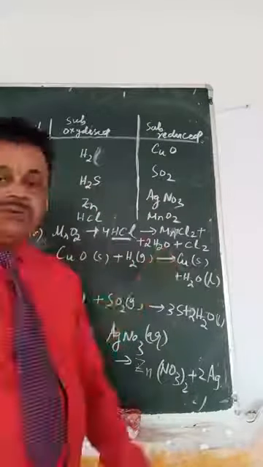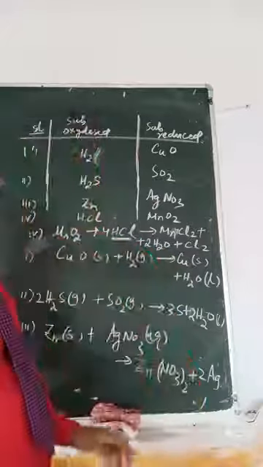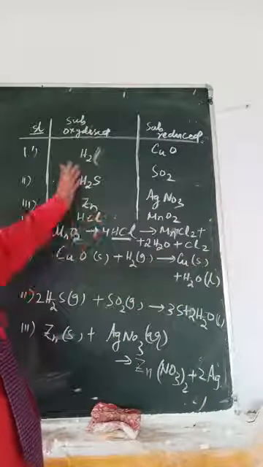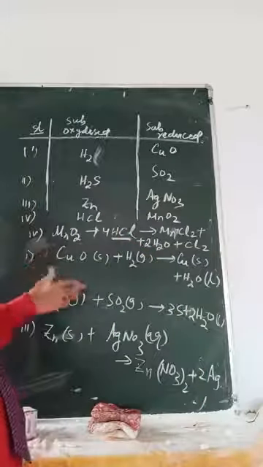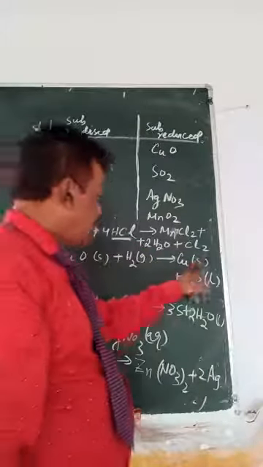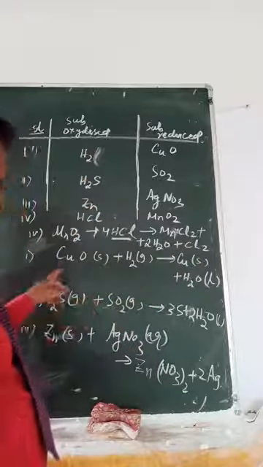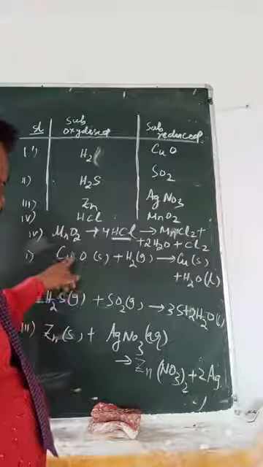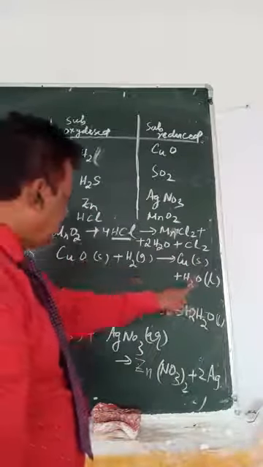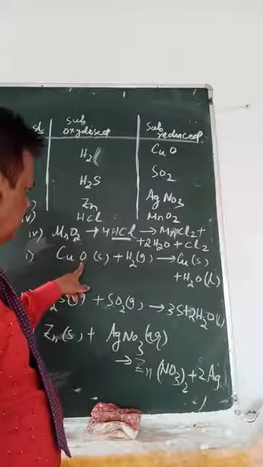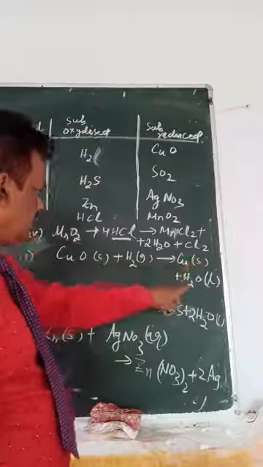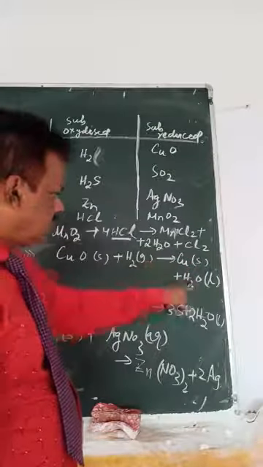So like this you find out which are the substances that are oxidized or reduced. Or from here the question is, what type of reaction is this? You can say this is a combination of oxidation and reduction, because simultaneously oxygen is removed and hydrogen is added.